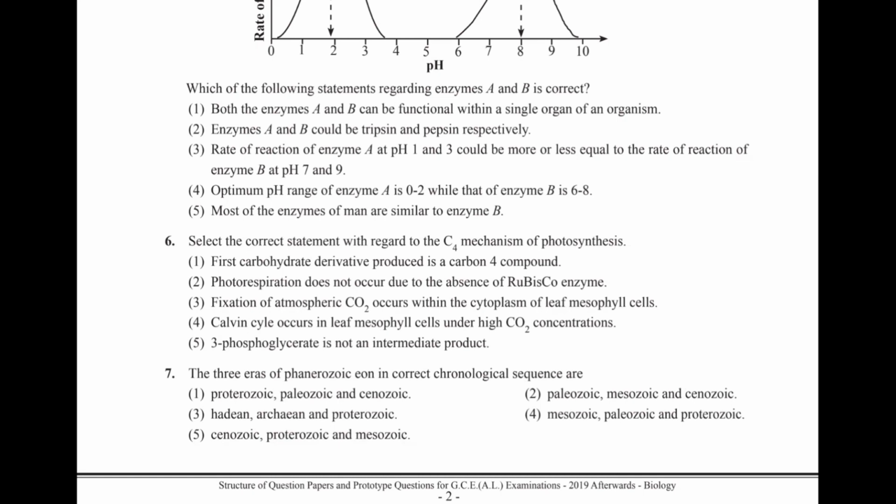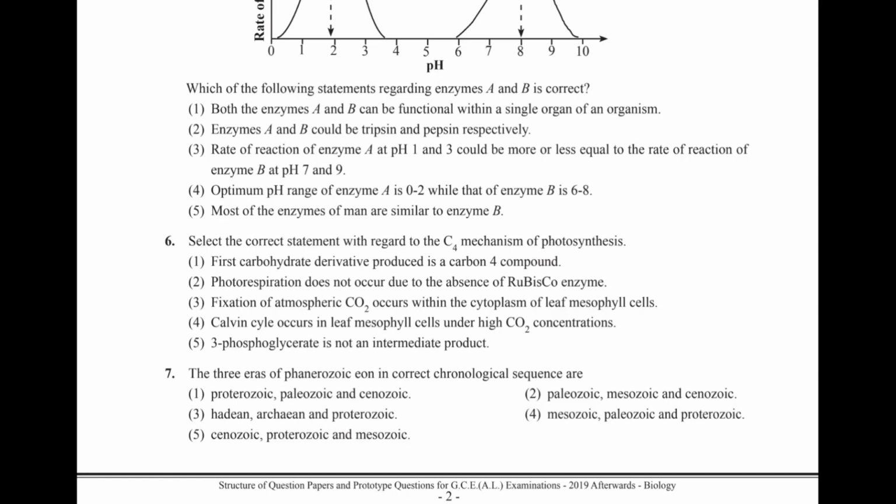It is a 4-carbon compound, right? It is the basis for the name of this metabolic pathway. Then this oxaloacetate rapidly converts into a more stable 4-carbon acid, malate, or it's also called aspartate. Then it diffuses into the bundle sheath cells.